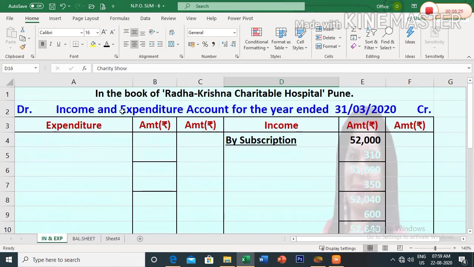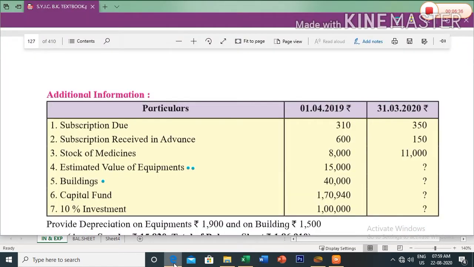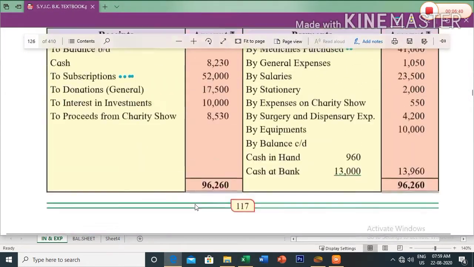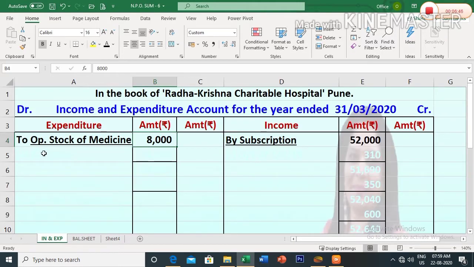So in income and expenditure account debit side we have to record to opening stock of medicine 8,000. Here medicine purchase 41,000. So again we will add in expenditure side plus purchase 41,000. Now total is 49,000.